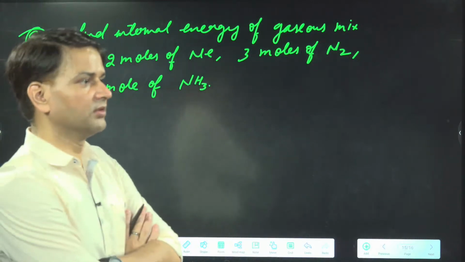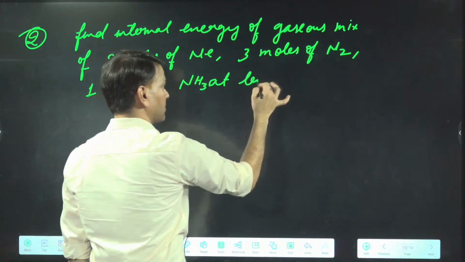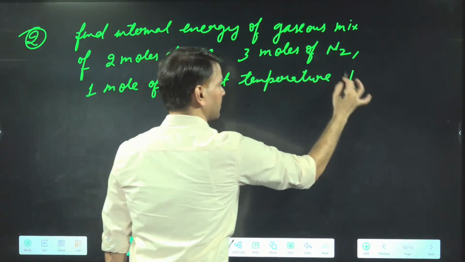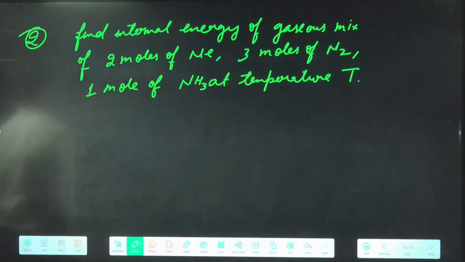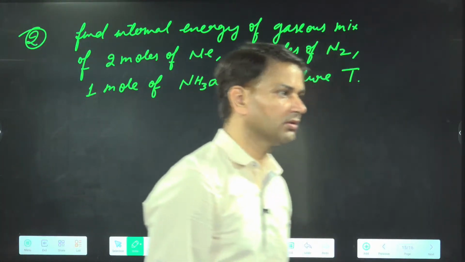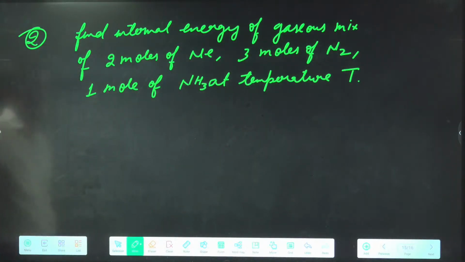Tell what is the answer at temperature T. We have the mixture of the gases, 2 moles of neon, 3 moles of nitrogen, and 1 mole of ammonia at temperature T. What is the internal energy of the mixture?